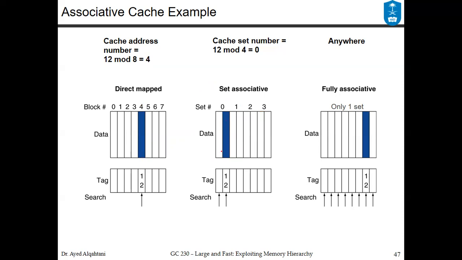Now, if you have the same block address, so to get the cache set number, because we have 8 entries, and we need to design a two-way set associative, we will have 4 sets this way, and each set will contain 2 entries.